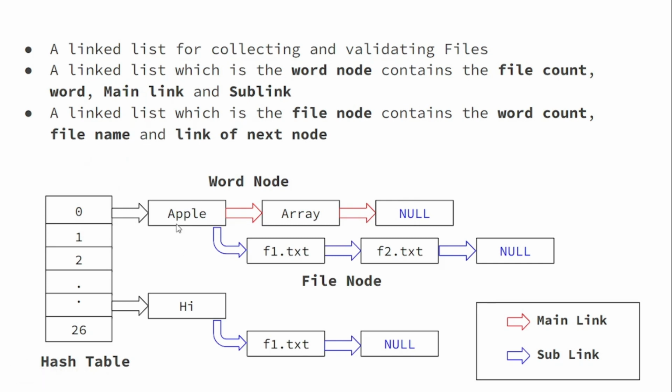If the word is found, we will print the file count and the word count. If the word is not found, then we will traverse to the next node of the word node until null is reached. If null is reached and the word is not found, then we will return failure.